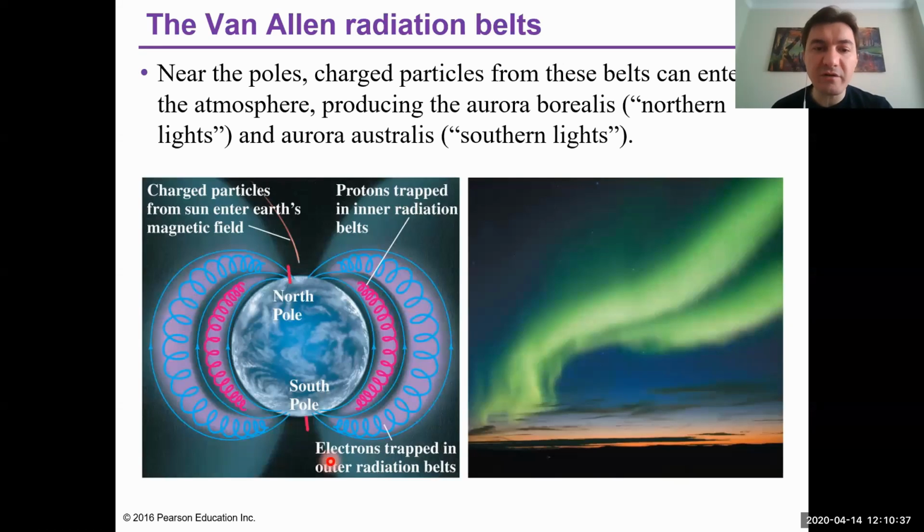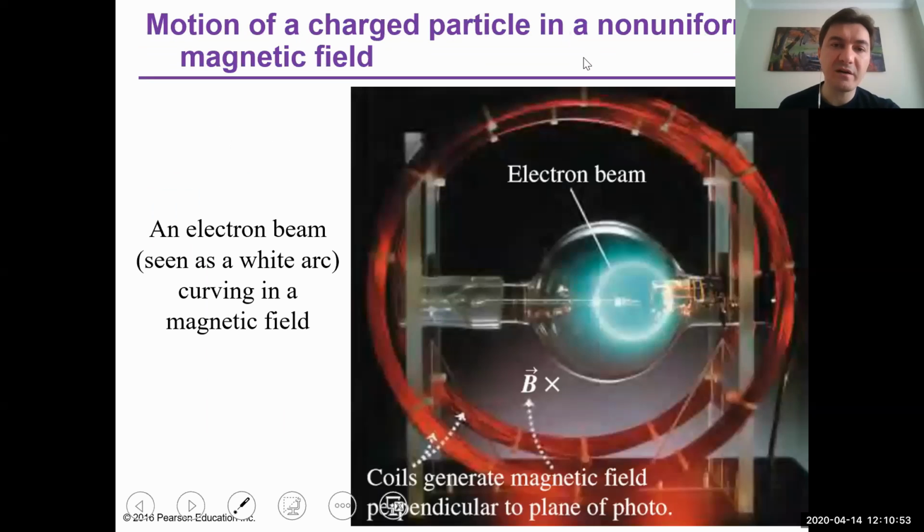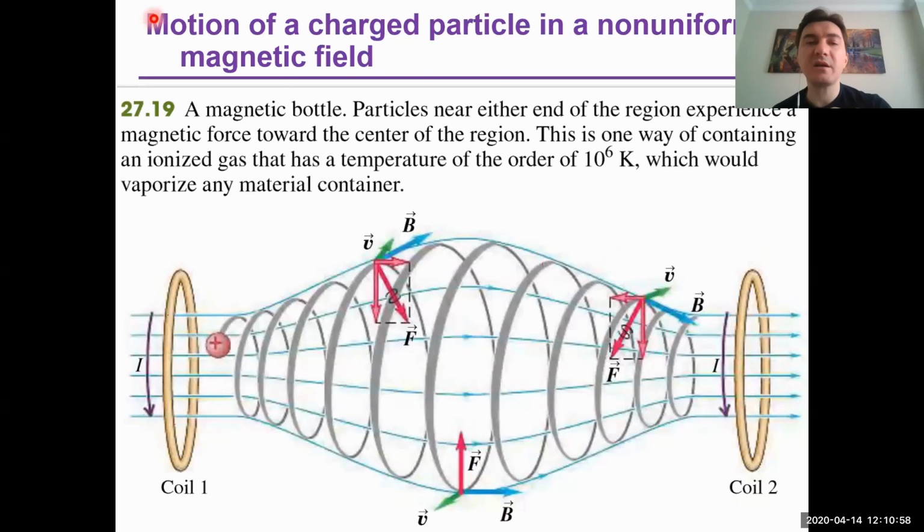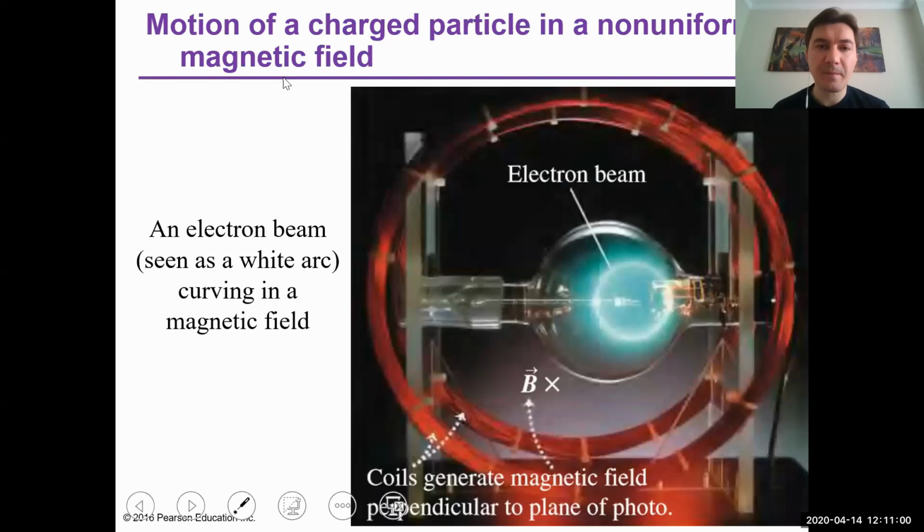And electrons, negatively charged particles, are trapped in outer radiation belts. So we have this type of lights, northern lights or southern lights, or the general name is Van Allen radiation belts. So this is a very nice example of the motion of a charged particle in a non-uniform magnetic field.